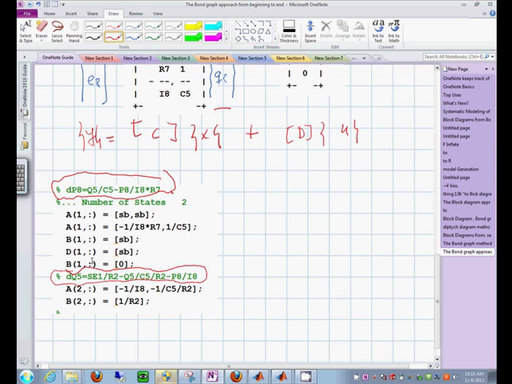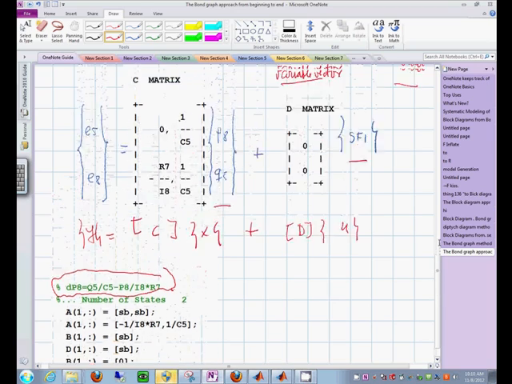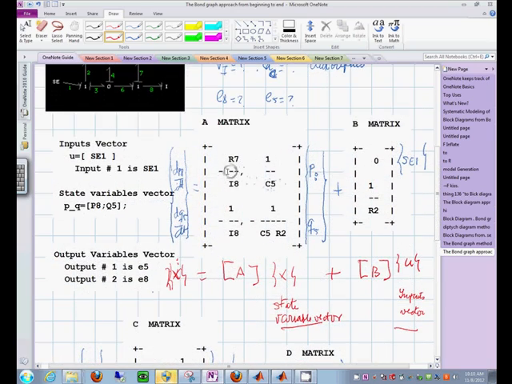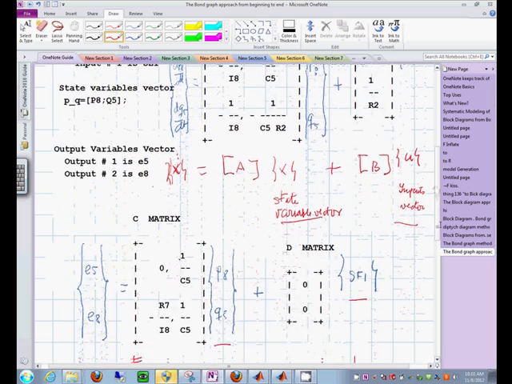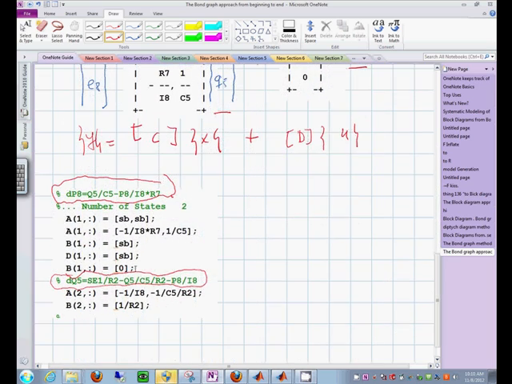Of course, remember, those are the block diagrams of this part, but we also need the block diagrams for this one. So it is important that we have the differential equations, but also the output equations.